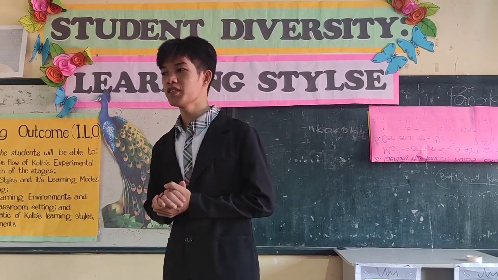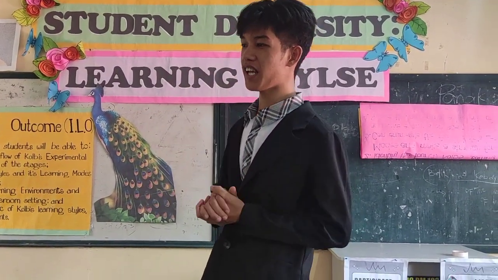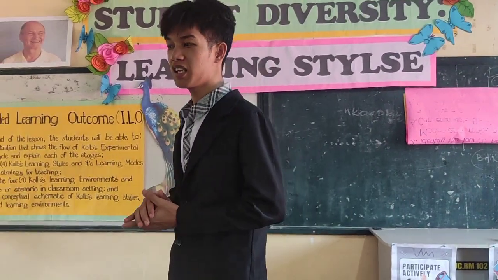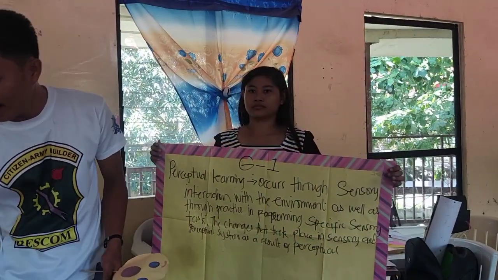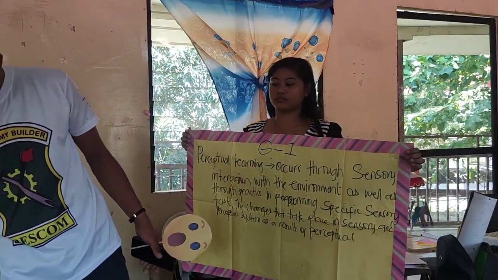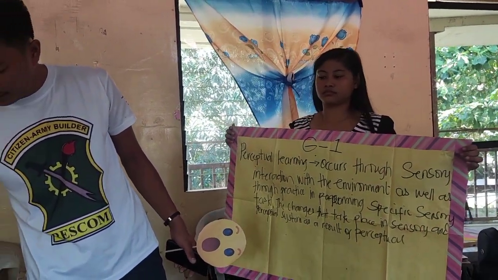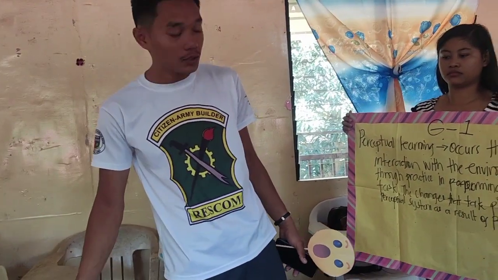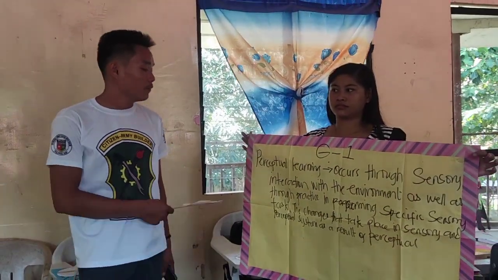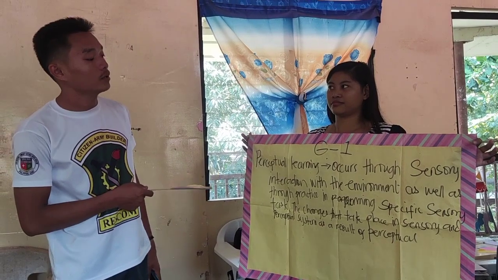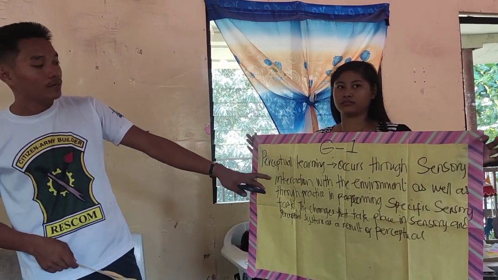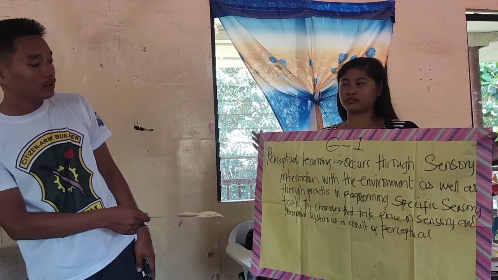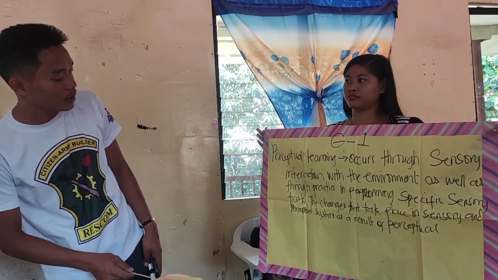Okay, time's up. Since group 1 has already done their task, let's see their work. Our task is to explain the perceptual learning environment and give an example or scenario in a classroom setting. Here we have the definition of perceptual learning. Perceptual learning occurs through sensory interaction with the environment as well as through practice in performing specific sensory tasks.